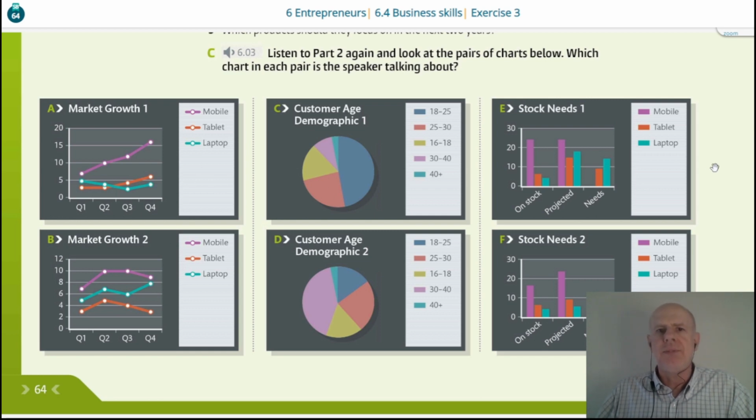And E and F, mobile phone, the stock needs. Mobile, on stock, projected needs. What do they need? And then on stock, projected sales and needs. So projected. So they want these, they have this, they want this, so they need the difference, right?